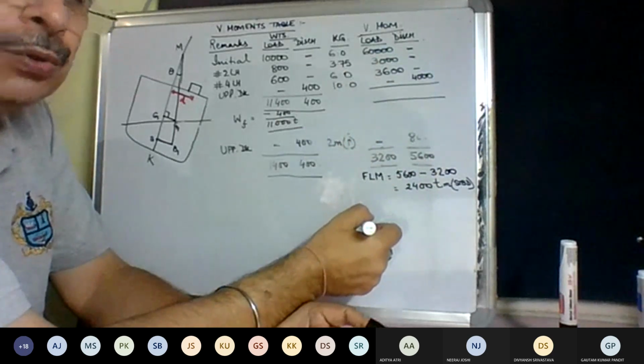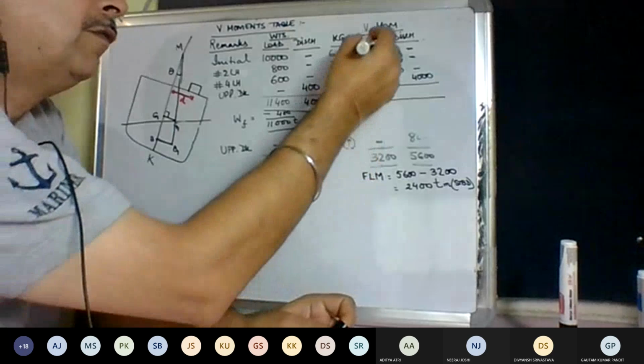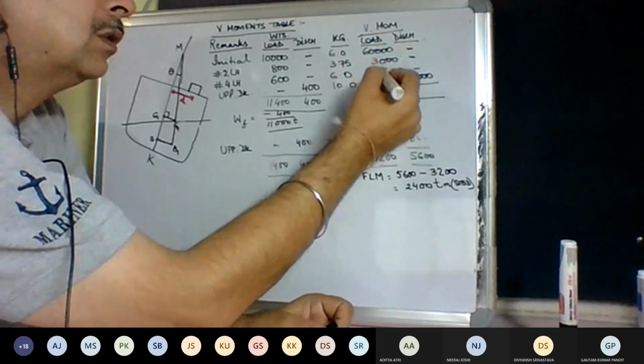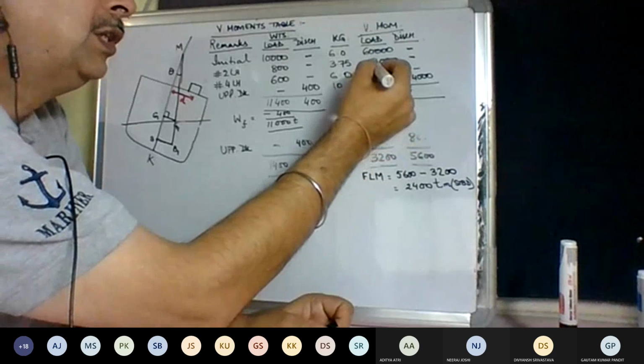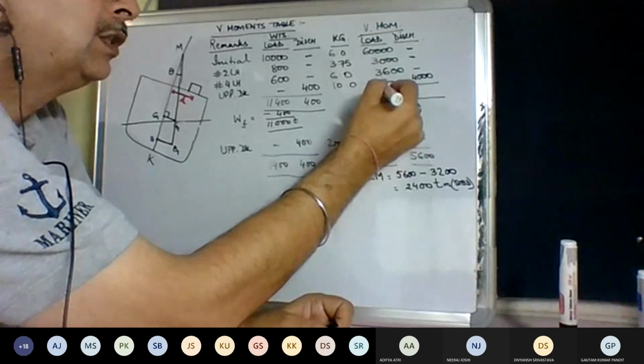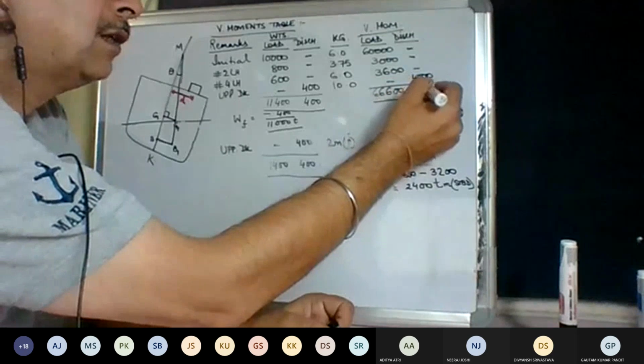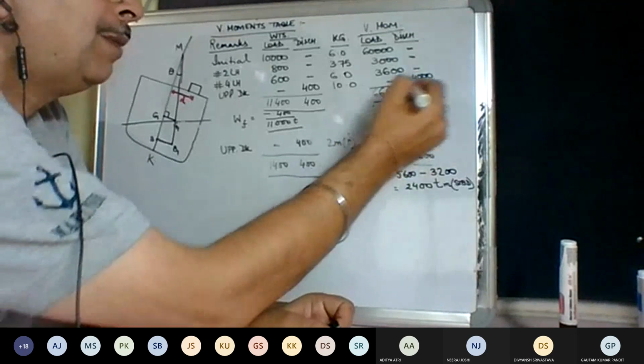We are now coming on to vertical moments. So 60,000, 63,000, 66,000, 600, ये 4,000. So minus 4,000.